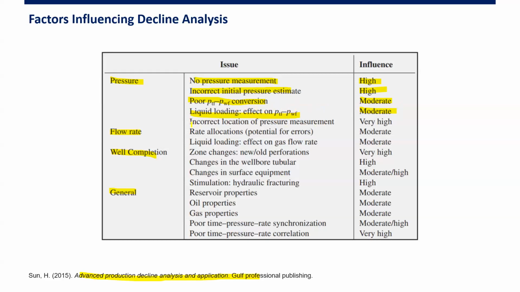If you have incorrect location of pressure measurement, then it will highly influence the decline analysis, because now you will have wrong conclusion, right?